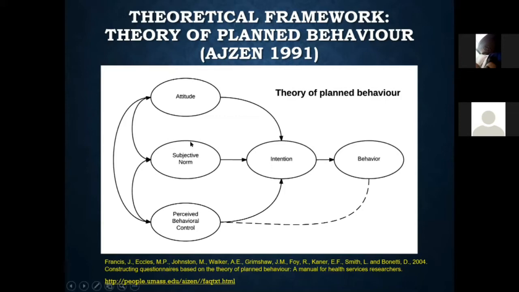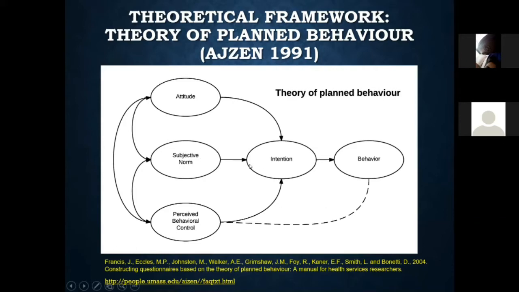Say, for instance, this one. This is a theory called the theory of planned behavior. Those who are in psychology or social science are more familiar with this model. According to the TPB, behavior can be predicted by intention, and intention can be predicted by attitude, subjective norm, and perceived behavioral control.